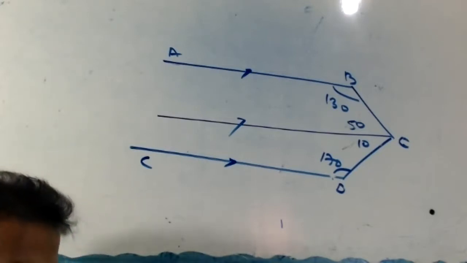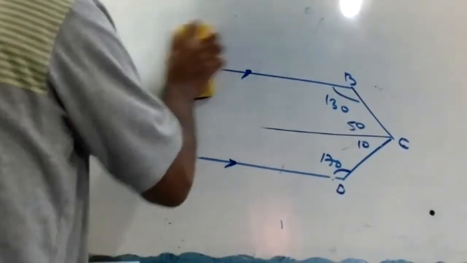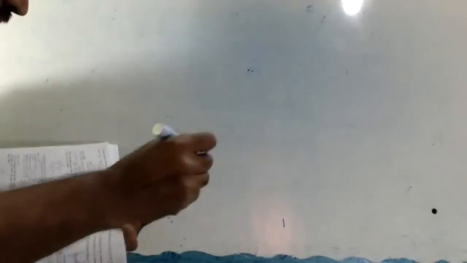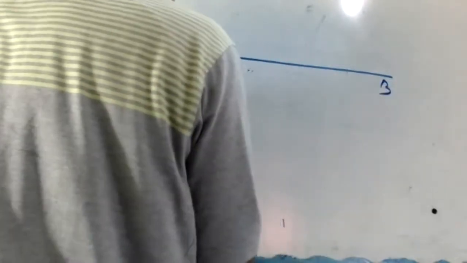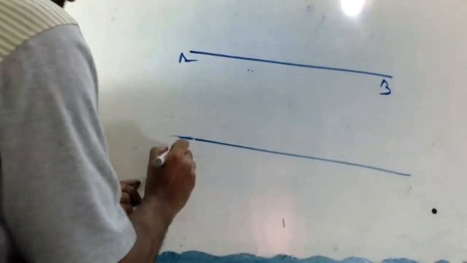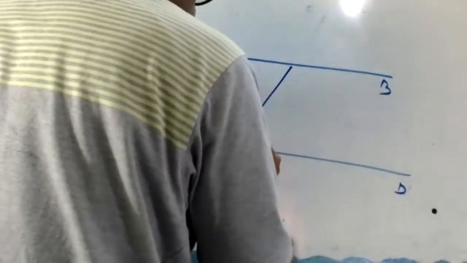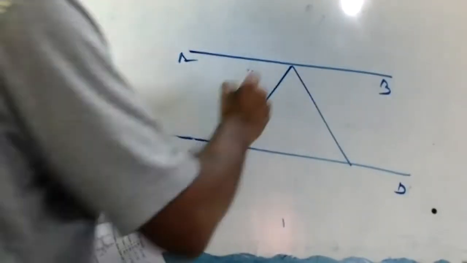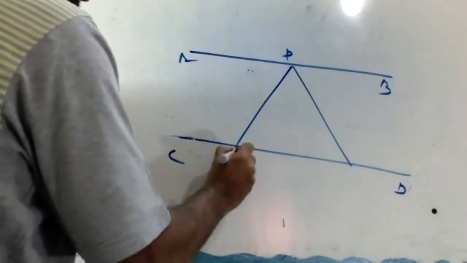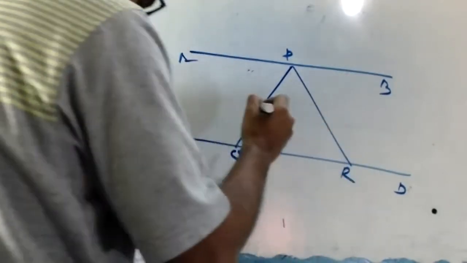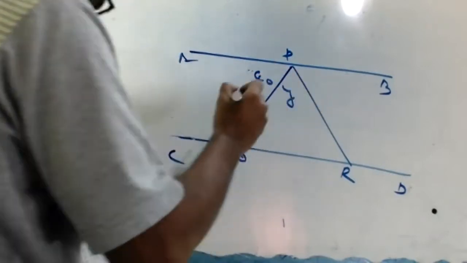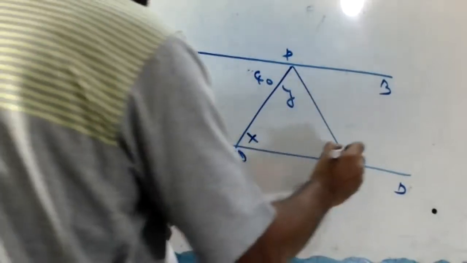Okay. Next one, right? In figure, AB parallel CD. Points P, Q, R. This is 40, Y, X, 118.